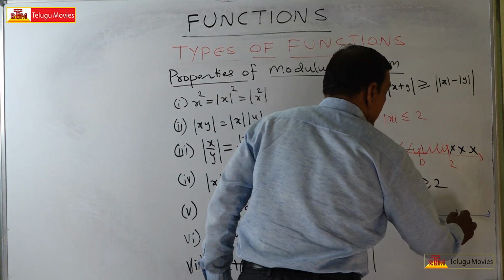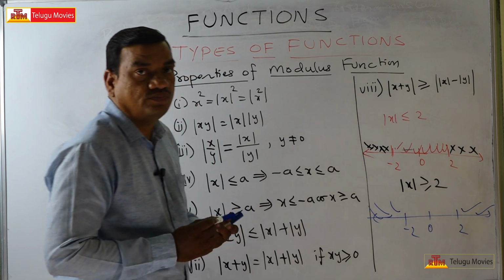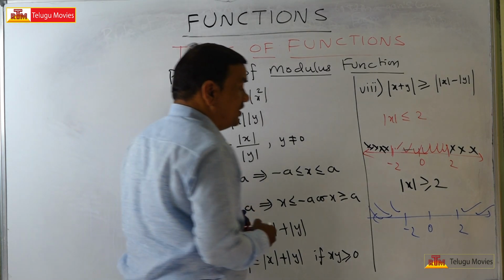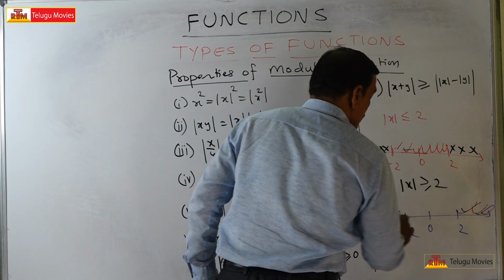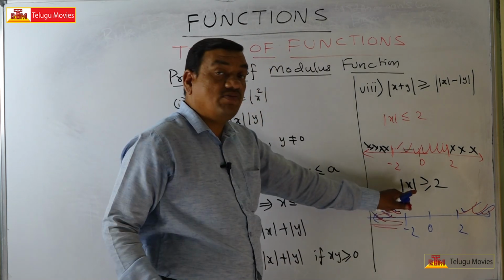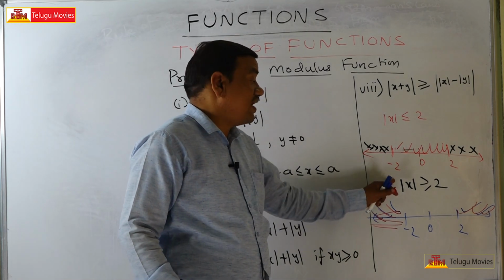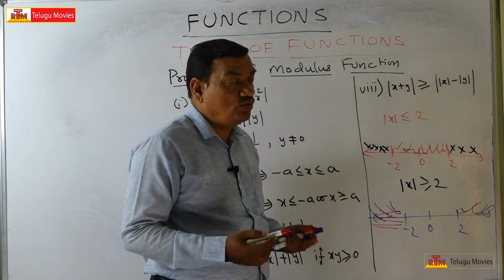If you take more than 2 here, or less than minus 2 on this side, it is satisfied. Minus 3, modulus of minus 3 is 3, 3 is greater than or equal to 2, right. Modulus of minus 4 means 4, 4 is greater than or equal to 2, right.